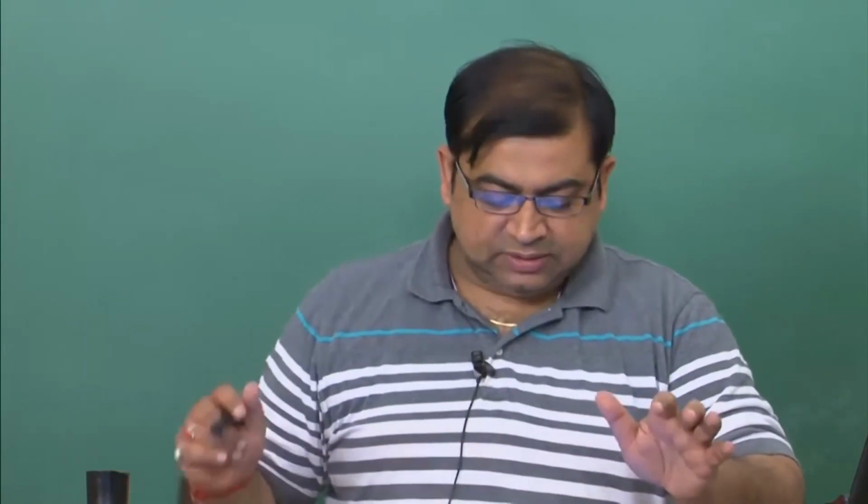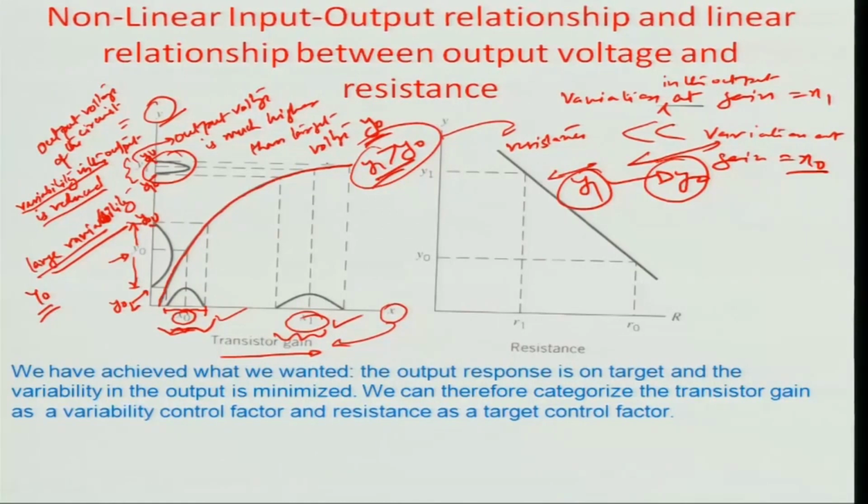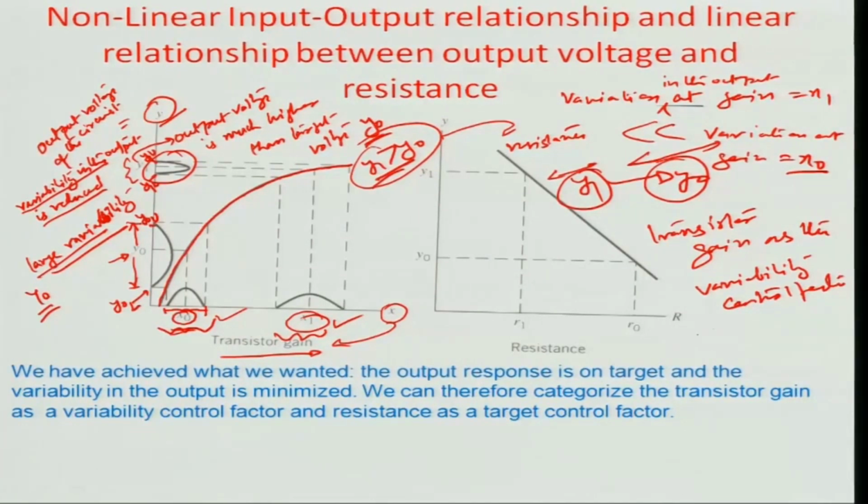This is how you basically plug in the target control factor and the variability control factor. In this whole process, you have the transistor gain as the variability control factor, whereas the resistance, or the load resistance, is the target control factor.